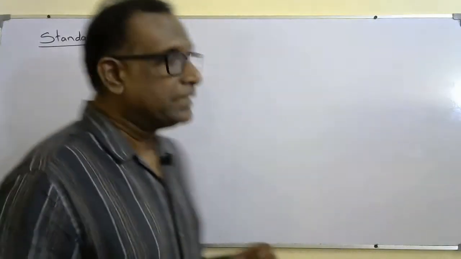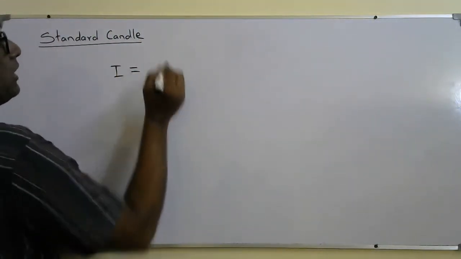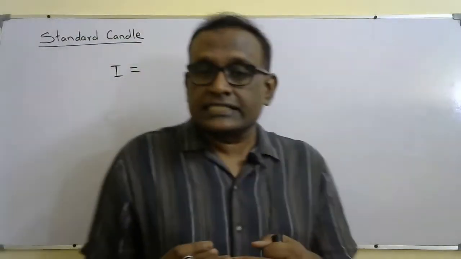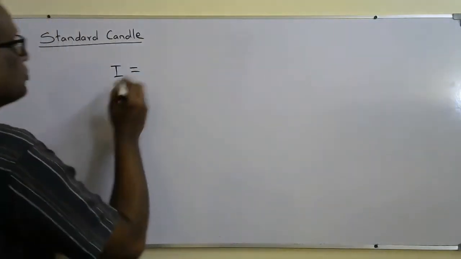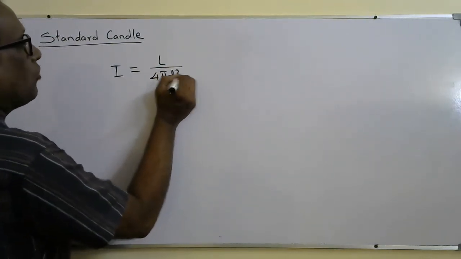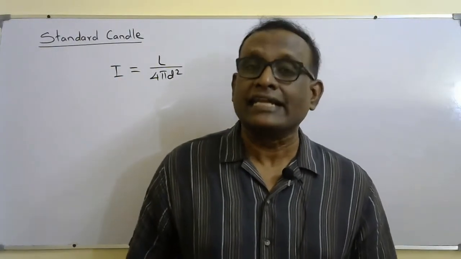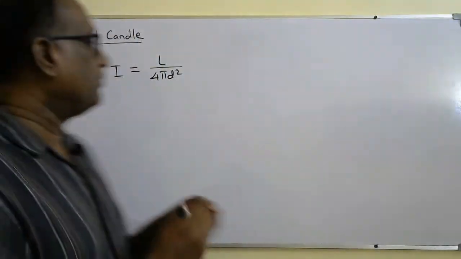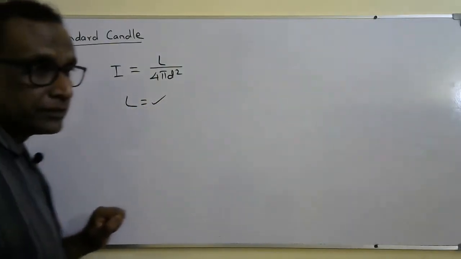So by using I equal L over 4 pi d squared, we will be able to find the luminosity of that nearby star. We can find the luminosity without any problem.